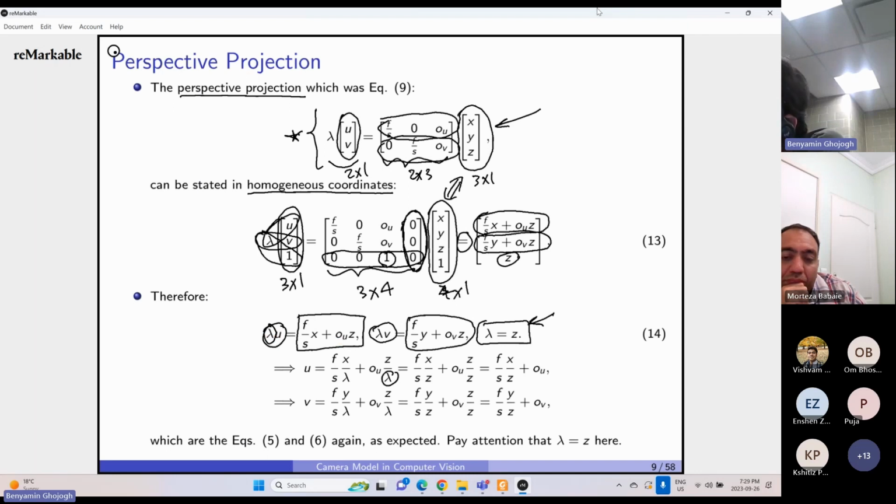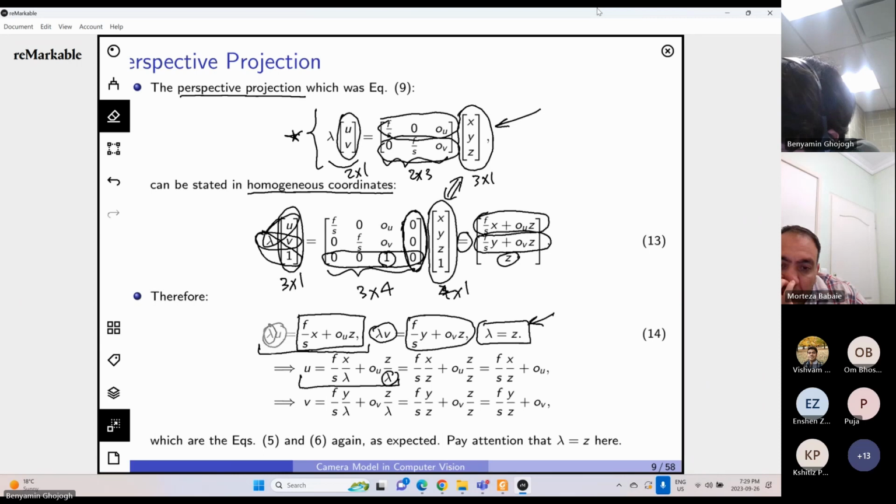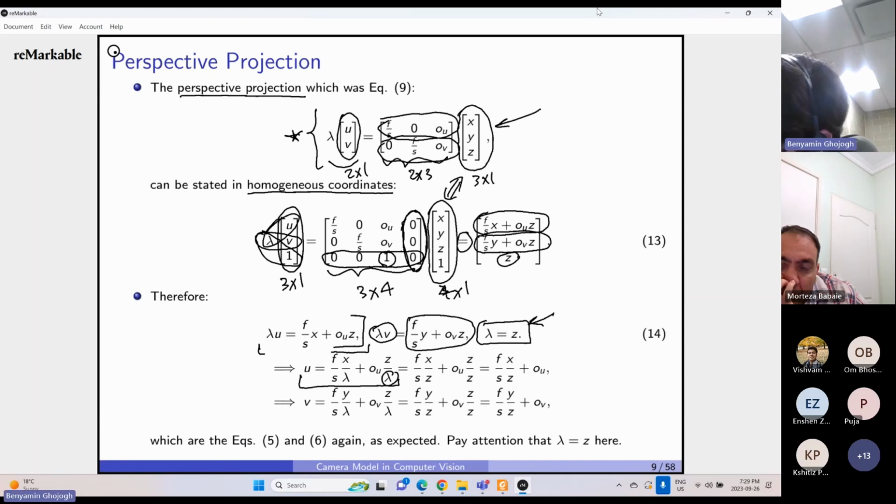Let me first rearrange this by dividing the sides by lambda. If I do that, do you agree that I will get this? Let me clean this a bit because it became too busy. Okay, so here we have this, right? I divide the sides by lambda, so I will get this.